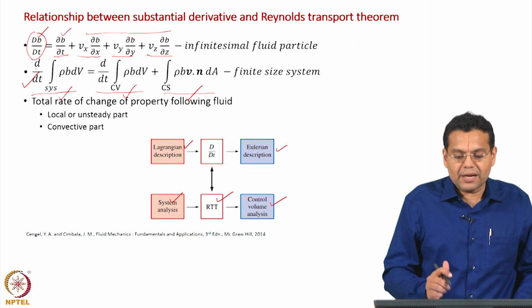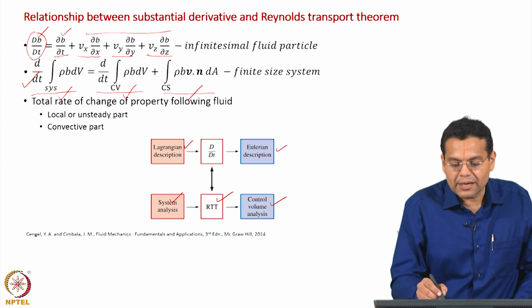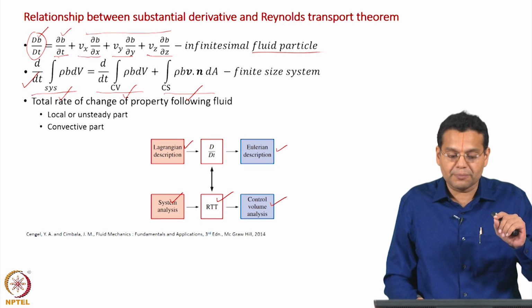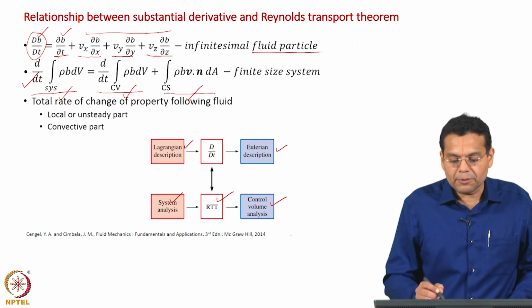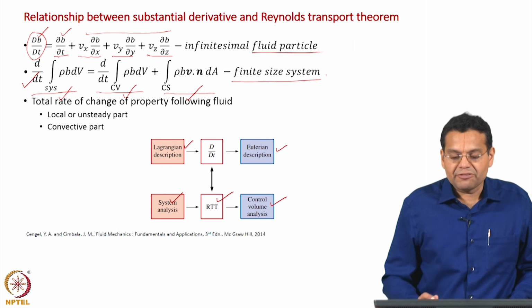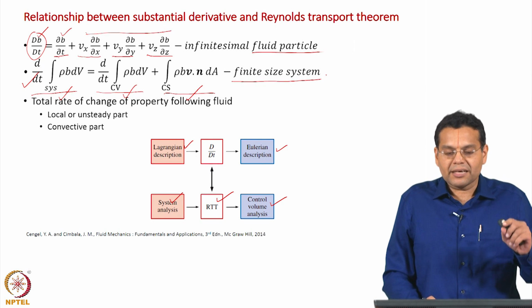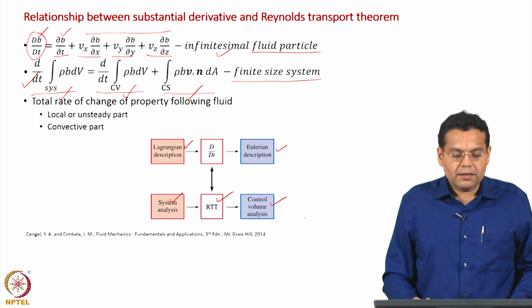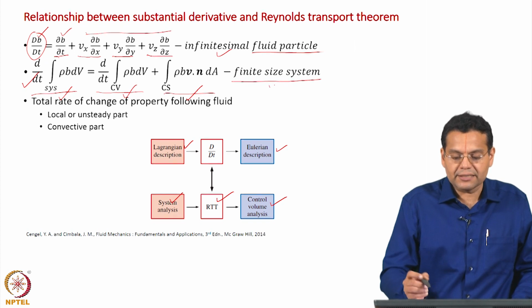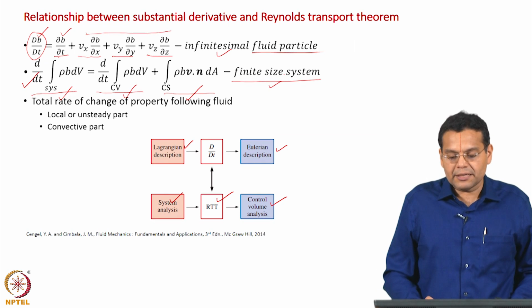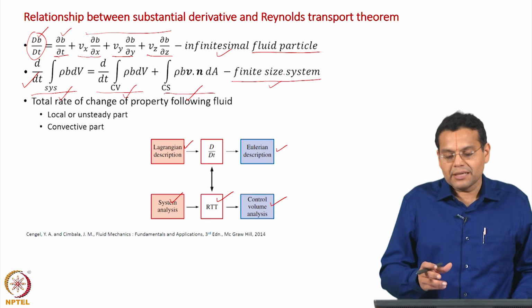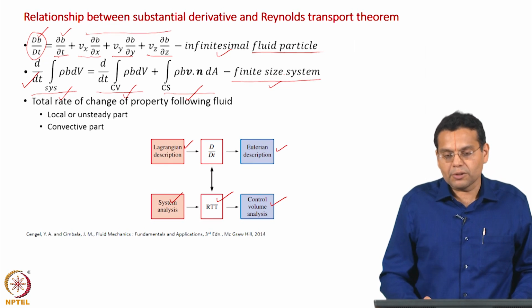Now, if you look at the substantial derivative, as I told you, the key word is fluid particle. The substantial derivative is for a fluid particle. Okay. The Reynolds transport theorem we have written for a finite size system. Fluid particles are infinitesimal. So, more precisely, infinitesimal fluid particle. The Reynolds transport theorem is for a finite size system. Now, if you recall back, we said a system can be considered to be consisting of several fluid particles, and that is what is brought out here as well.